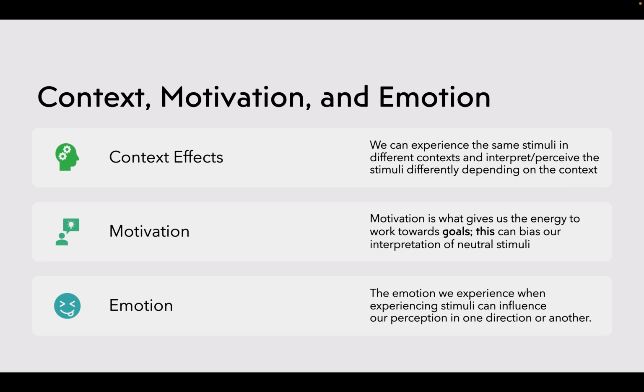So those are the ways that when we take in sensory stimuli, that's the way our brain processes them, but it's important to remember that it's not processed the same way by everybody, and it's not processed the same way in every situation. This is because the way we process the information, the way we perceive things, is really dependent on the context at the time, our motivation, and our emotions. All important things to remember.